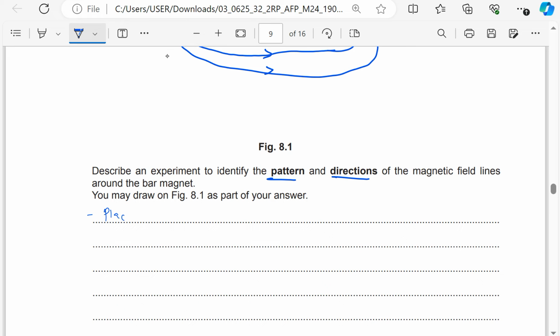Place a number, that is many, of plotting compasses around the magnet.